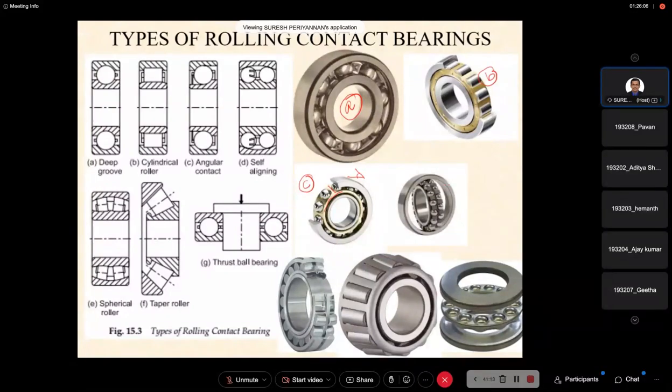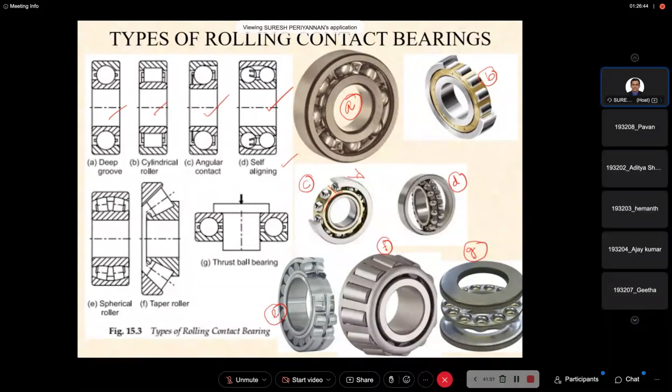The fourth one is the self-aligning bearing, D. Now, the fifth one is the spherical roller bearing, E. Now, the taper roller bearing, F. And this is the thrust ball bearing, G. These are the types of roller contact bearings.